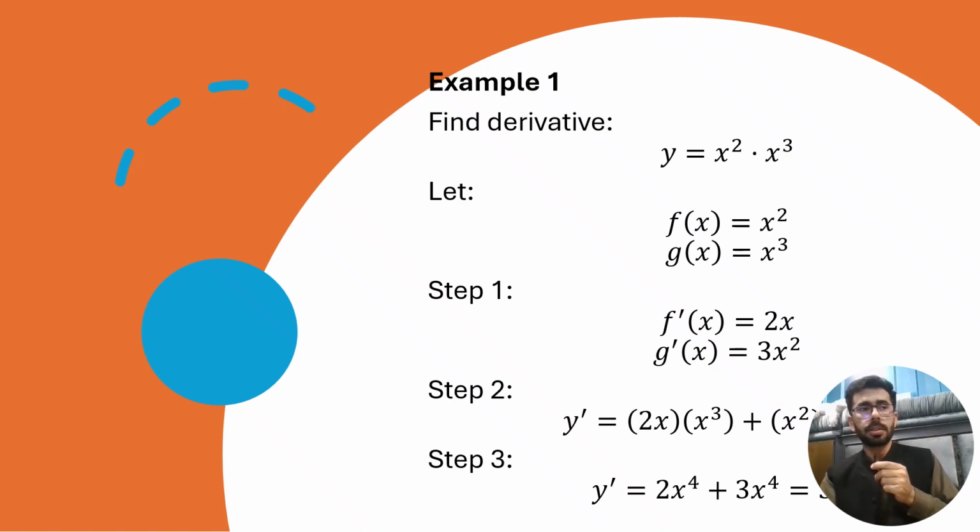We would need separate derivatives. f prime of x, we calculated it to be 2x. g prime of x becomes 3x square if we use the power rule. Now we are putting them in the structure where we say f multiplied by g prime plus g multiplied by f prime. We put the values and we simplify them. We get 2x to the power 4 plus 3x to the power 4, and the sum of which becomes 5x to the power 4.